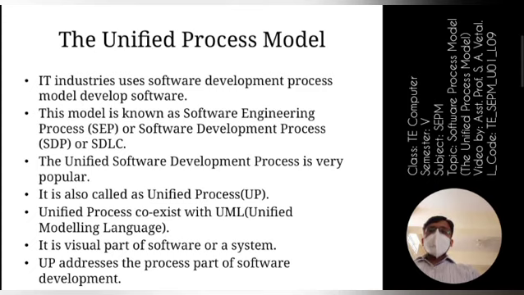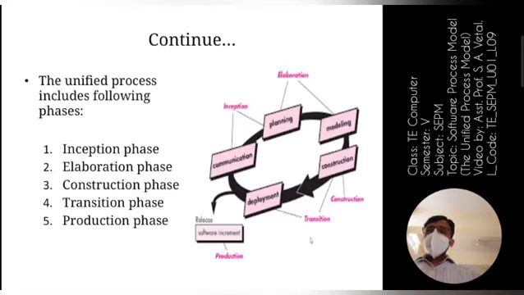UP, the unified process, addresses the process part of software development. We will see the different phases that occur under this model in the next slide. So this is the unified process.